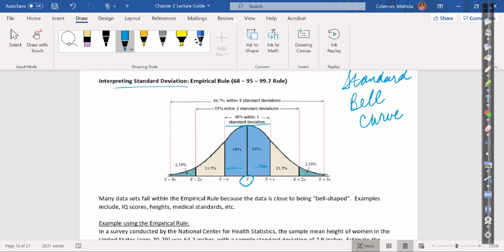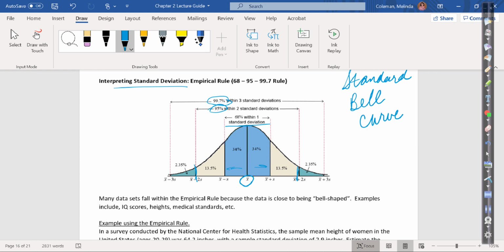More importantly, or even better, 95% of the data falls within 2 standard deviations of the mean. And then by the time you get 3 standard deviations away from the mean, you have covered 99.7% of the population, or percent of the grouping.